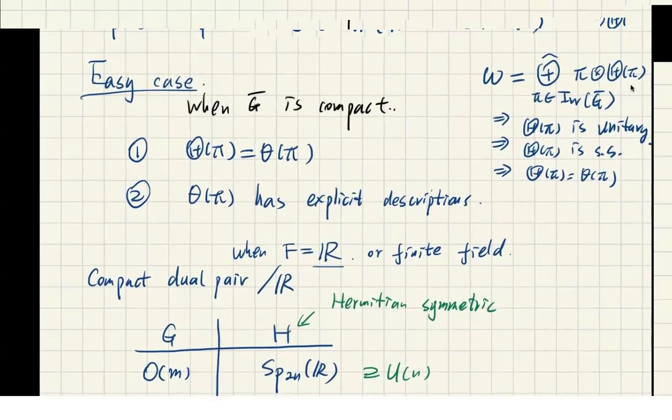Okay, so I think here I should assume that F is local.